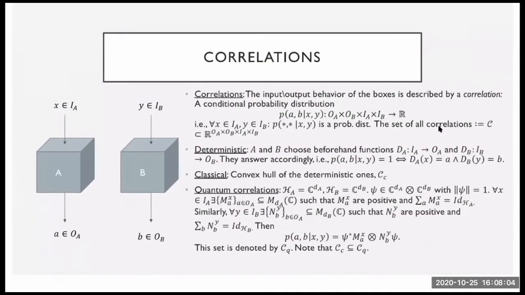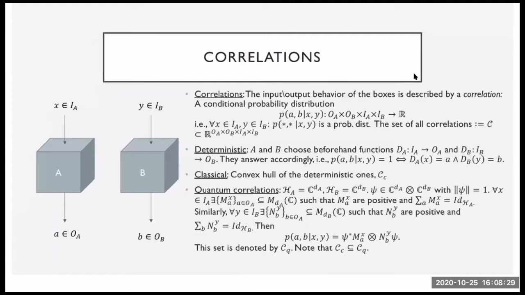Good. Okay, so a quick reminder of what we talked about last time. There were questions in the chat about the choice of OA, OB, IA, and IB. The point is that the definition of correlation sets clearly depends on the sizes of OA, OB, IA, and IB.